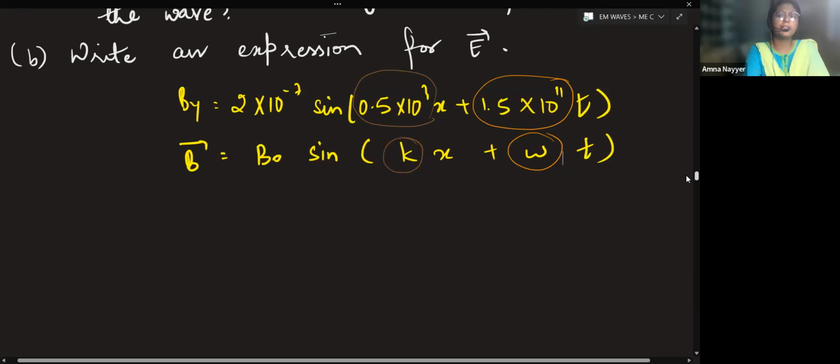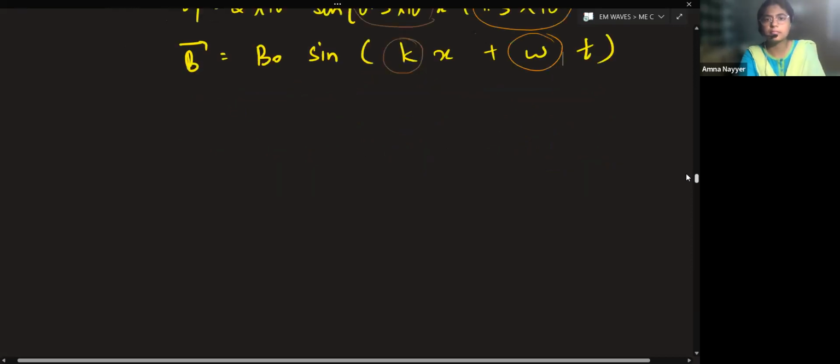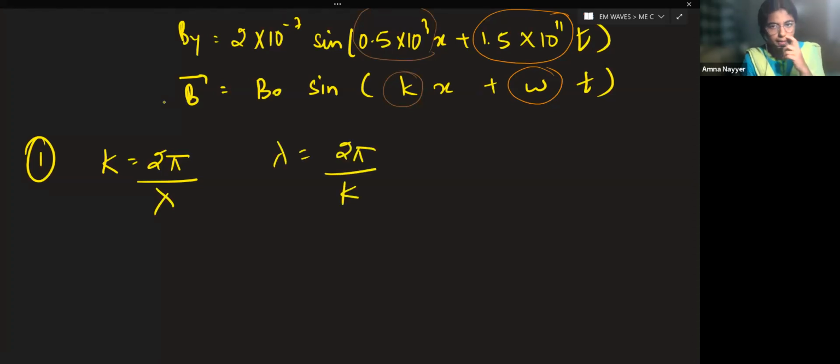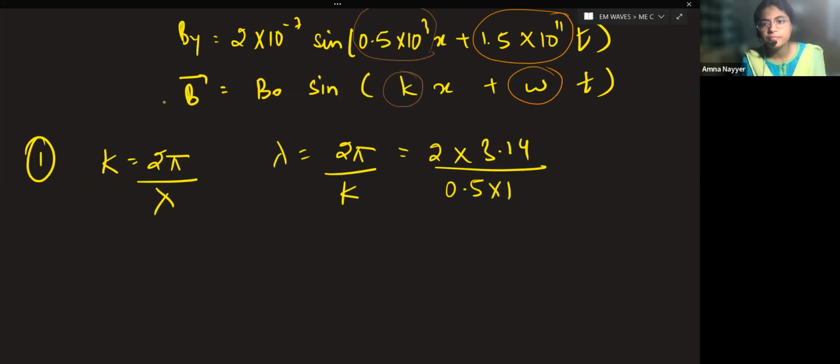See for the first part. k is equal to 2 pi divided by lambda. So lambda will be equal to 2 pi divided by k. So 2 pi is 2 into 3.14 divided by k, which is 0.5 into 10 to the power 3.